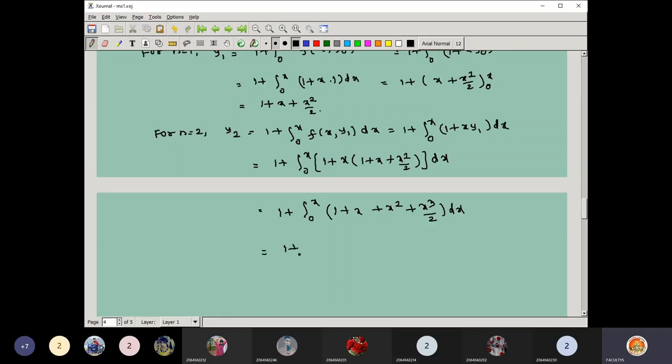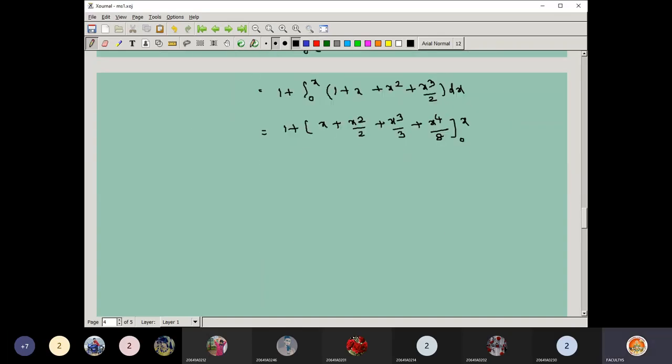Now you are integrating: x plus x square by 2 plus x cube by 3 plus x to the power of 4 by 4 into 2 is 8, limits 0 to x. When I substitute the limits, the upper limit gives 1 plus x plus x square by 2 plus x cube by 3 plus x to the power of 4 by 8, and the lower limit is anyhow equal to 0. Only for the integration you are substituting.